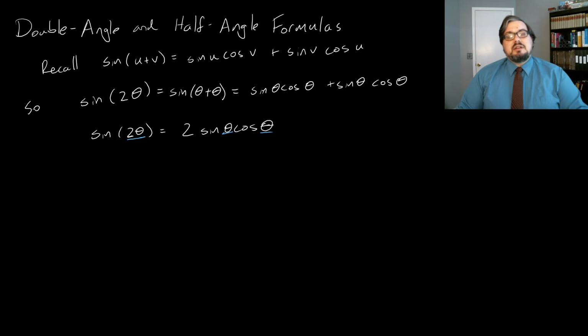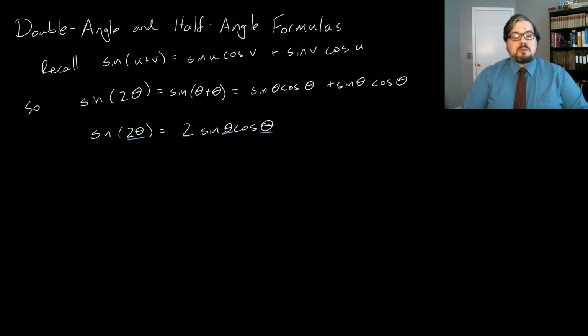This is another relationship we have that lets us move back and forth between expressions involving trigonometric functions by changing the angles inside, just like we did before with the sum and difference identities. And so we're going to have several of these identities that we work with. And just like with the sum and difference, we're only going to be looking at sine, cosine, and tangent because we can, of course, express everything in terms of them.